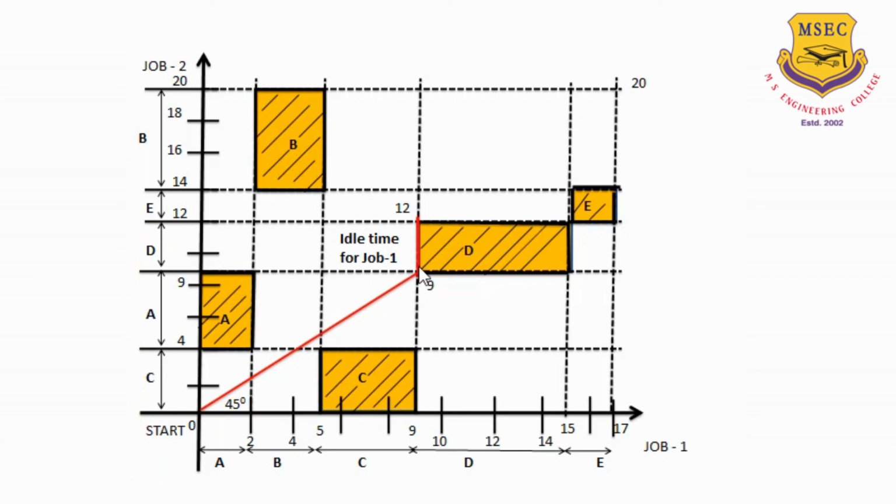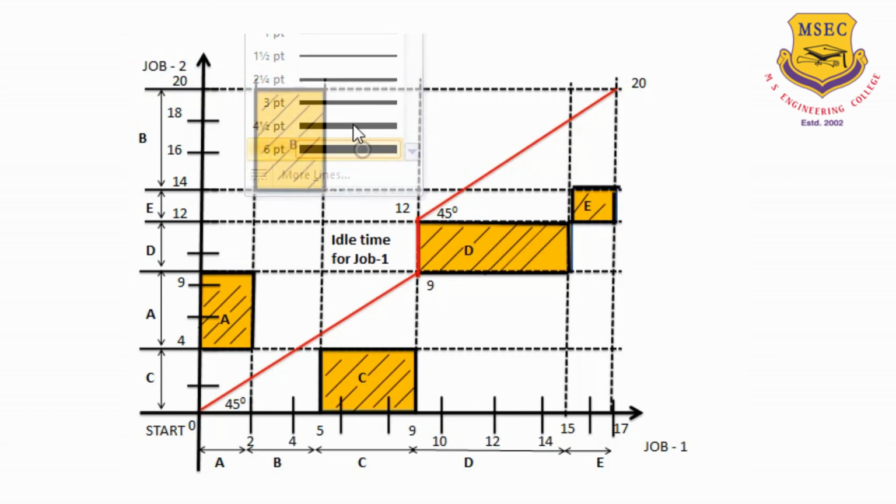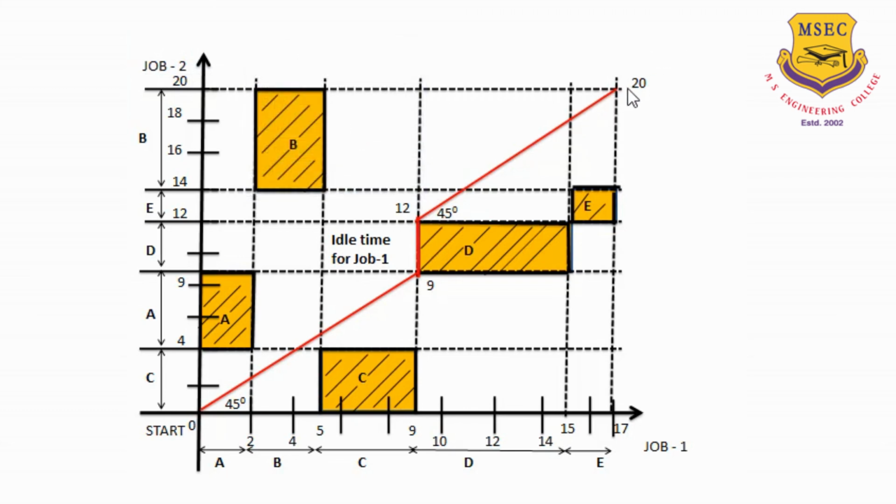Next, what is the alternative? Can I write another 45-degree line? Yes. I can write one more 45-degree line from 12 here to the last point, that is 20. That means if I draw a line like this, I will be in a position to complete both job 1 and job 2 and arrive at this particular point. So it indicates that the total time taken to complete both the activities is 20 units of time, right?